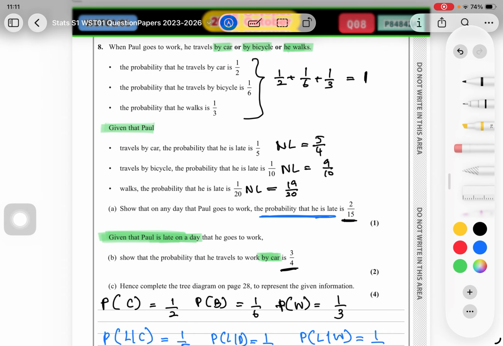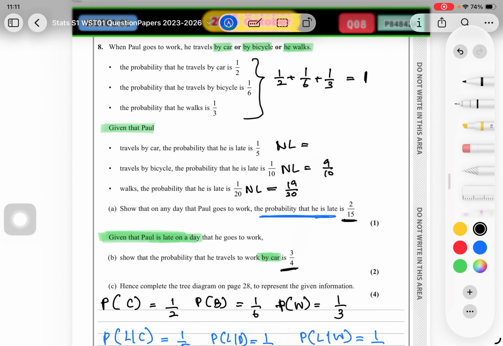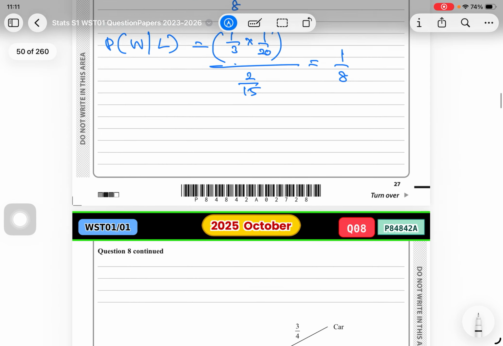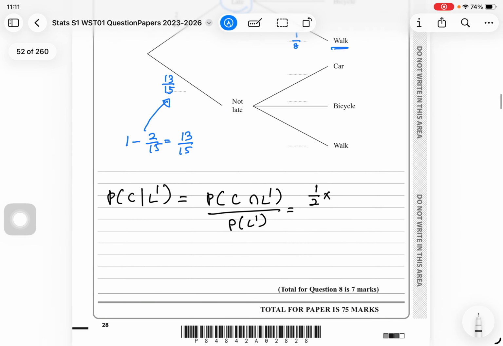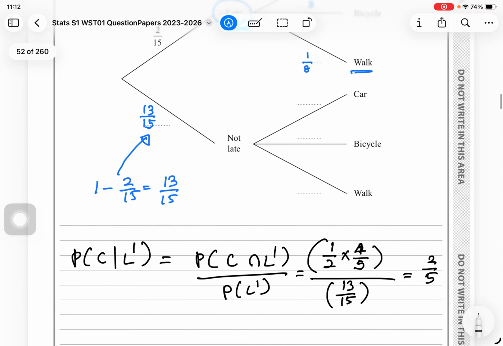Sorry, my bad, I wrote that upside down. Now in this case, we have 1/2 times 4/5, and you divide that value by 13/15. It's just a matter of doing the multiplication carefully, which gives 2/5, which is here.